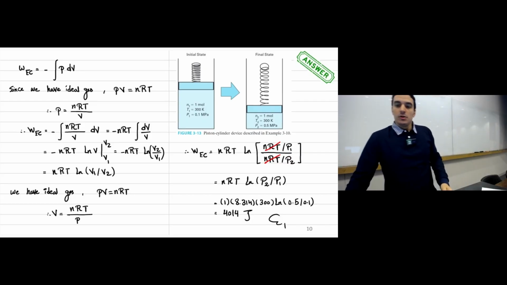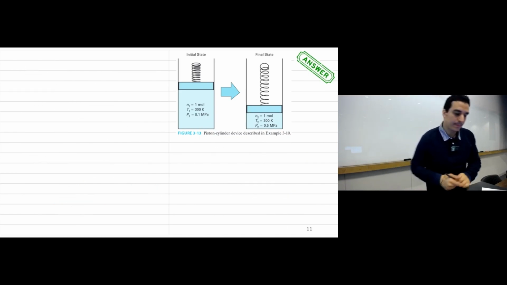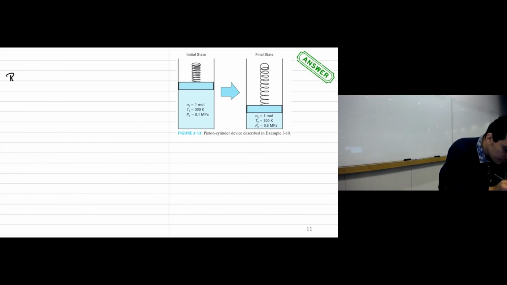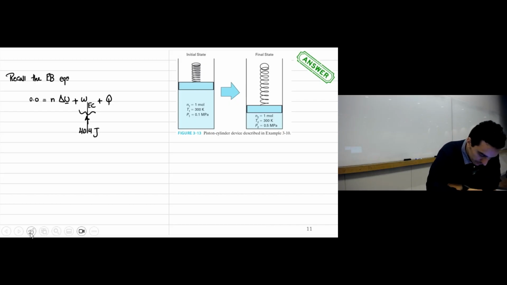Okay. So now let's recall the energy balance equation. So we have 0 equals N change in the molar internal energy plus work of expansion contraction plus Q. So now with this term, we know its value, 4014 joule.